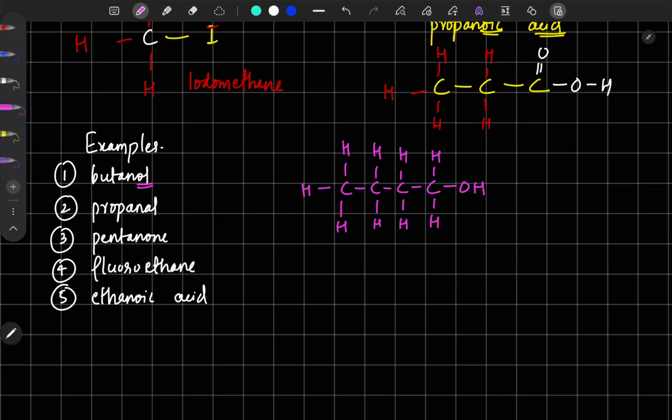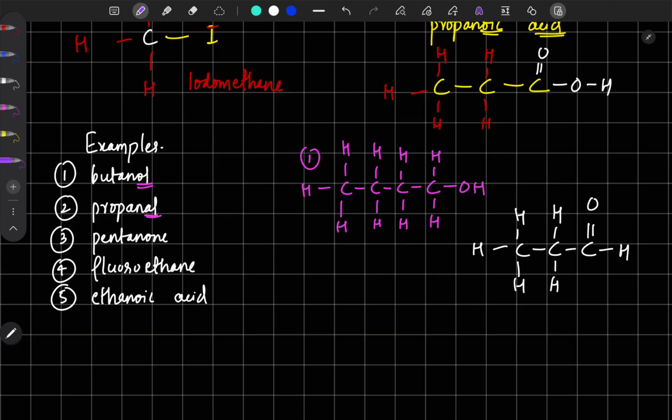Okay, I got the first one, propanal. Al means that is the aldehyde functional group. Prop means 3. Al means the aldehyde functional group, which is this one: a double bond to O and one H on one carbon atom. That is the aldehyde functional group. Now attach hydrogens.